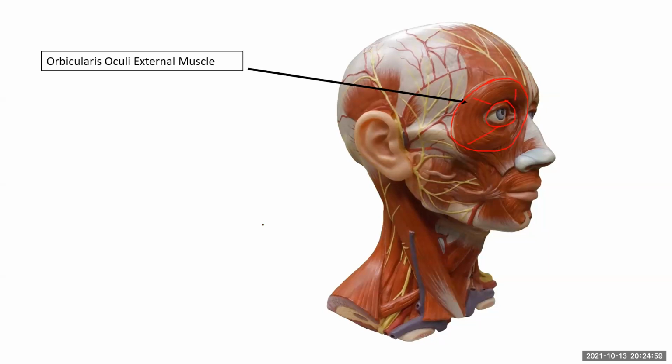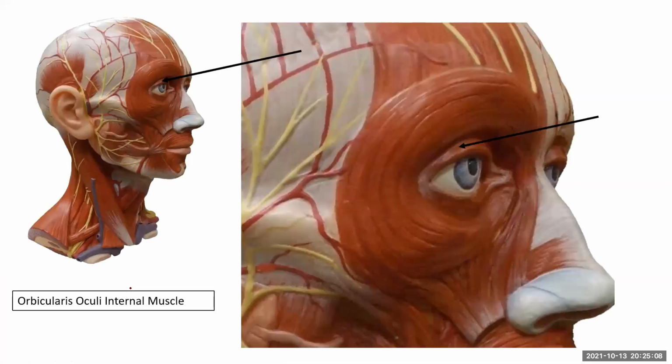Okay, orbicularis oculi external. We have an external, we have an internal. So basically what I tell folks is the internal portion is going to be on the eyelid. Orbicularis oculi internal. So again, when you contract this muscle, you're going to close your eyes, almost squint.